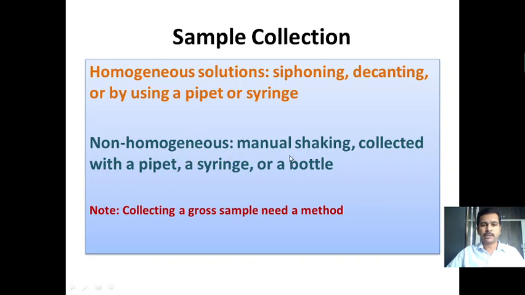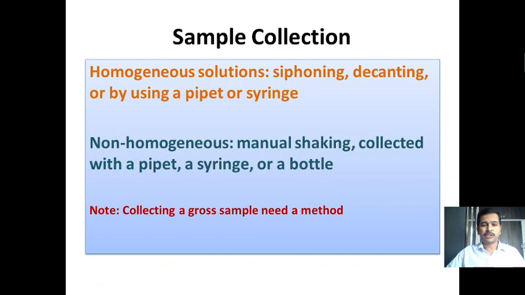So first we have to shake them manually, so that any suspended matter present in the sample is distributed uniformly throughout the solution. Then after manual shaking, it can be obtained as a sample. Even after manual shaking, those samples can be collected with a pipette or a syringe, and ultimately stored in a bottle.